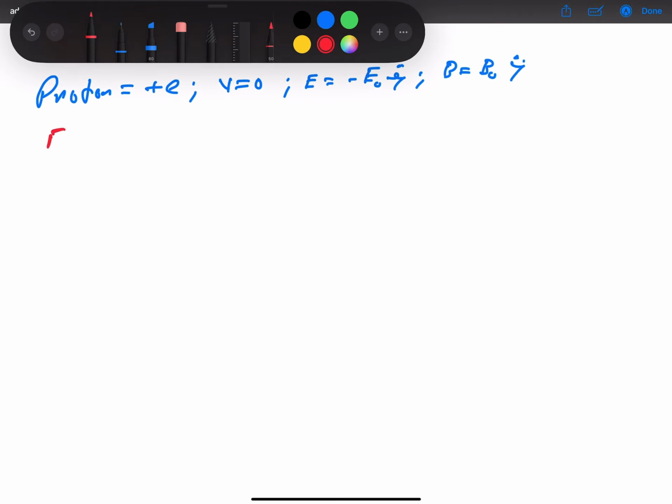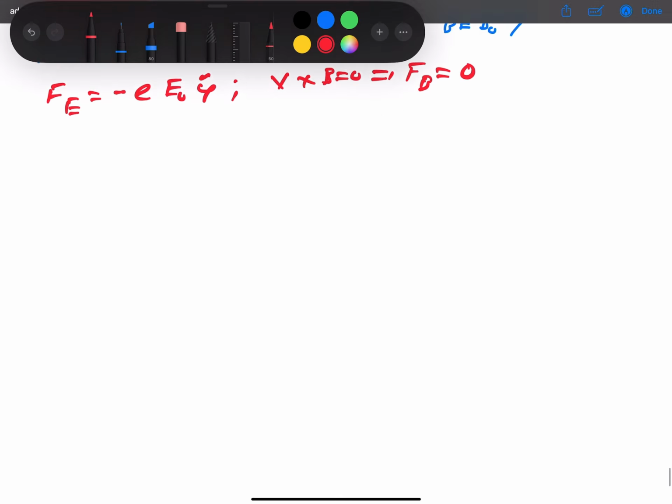So electric force Fe will be equal to minus e E naught y unit vector, and q V cross B will be 0. So this gives us that the magnetic force will be equal to 0. Therefore the total force F, which is Fe plus Fm, will not be equal to 0.